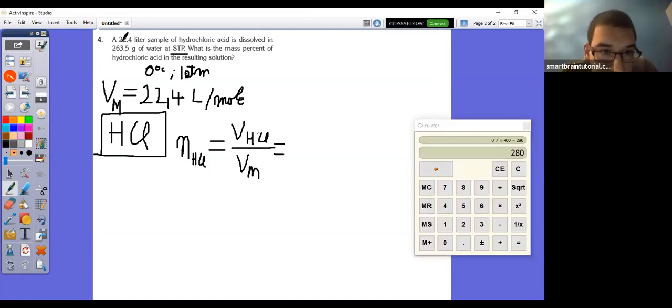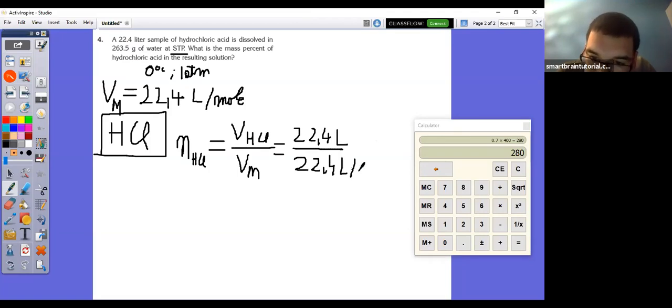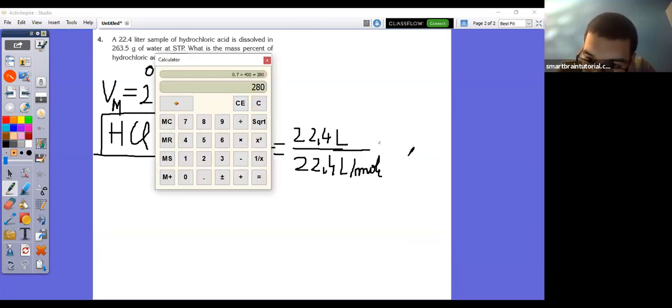So what is the volume of hydrochloric acid? 22.4 liters over 22.4 liters per mole is 1. So we have 1 mole of hydrochloric acid.